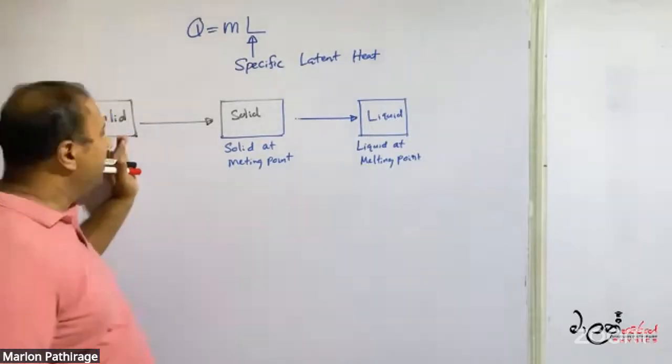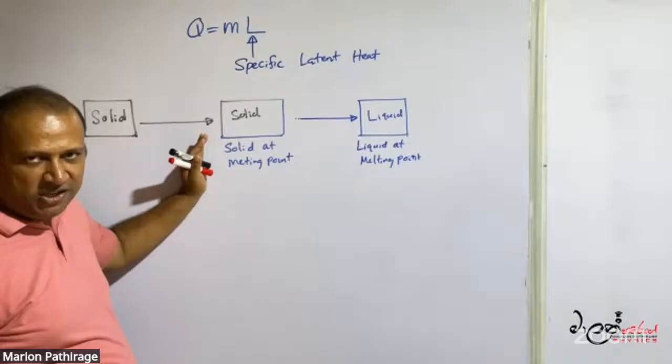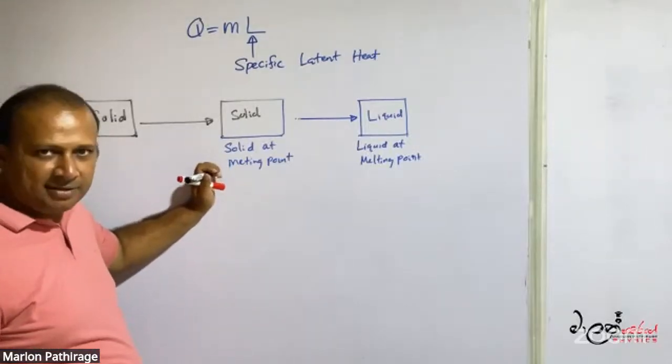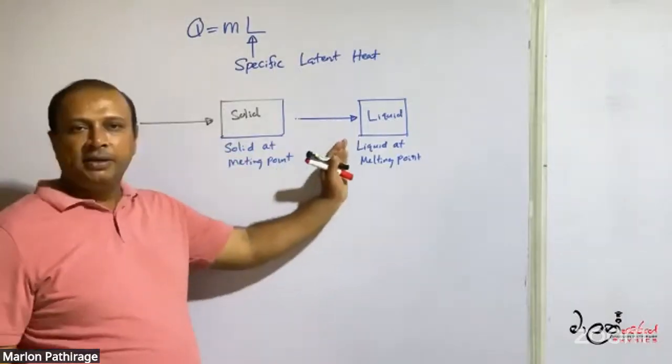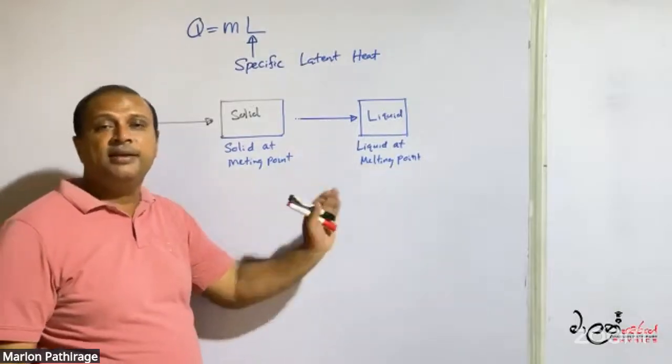Now ice is brought to 0 Celsius. 0 Celsius ice means solid at melting point. Now it converts into water, that means liquid at 0 Celsius.